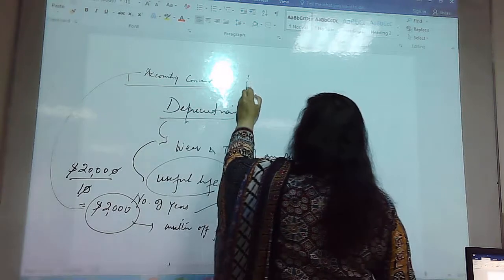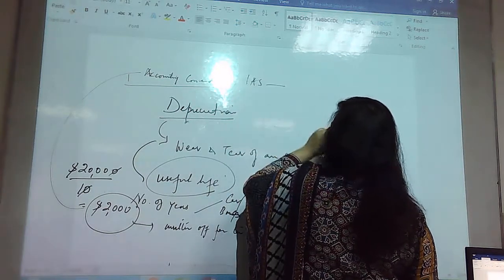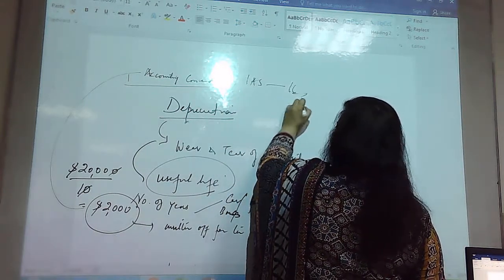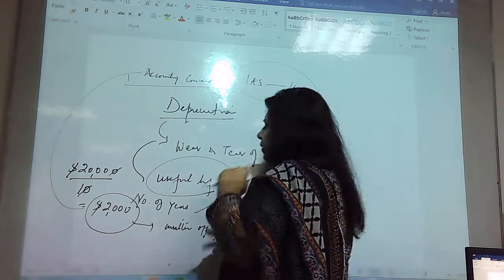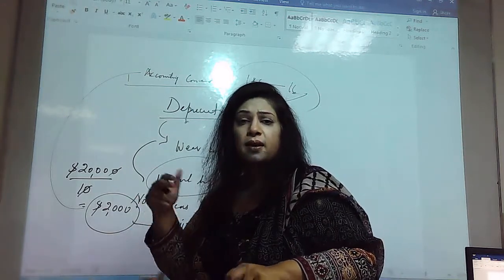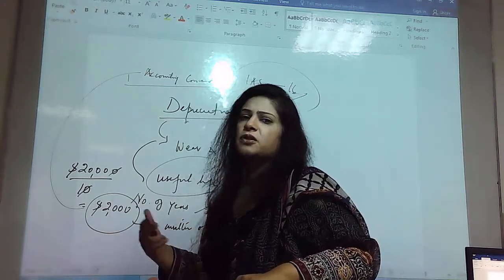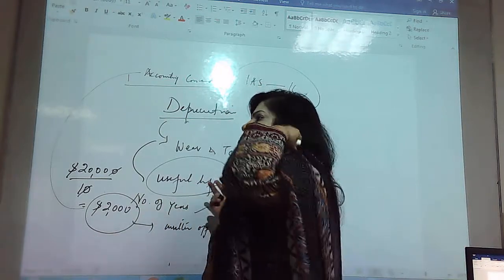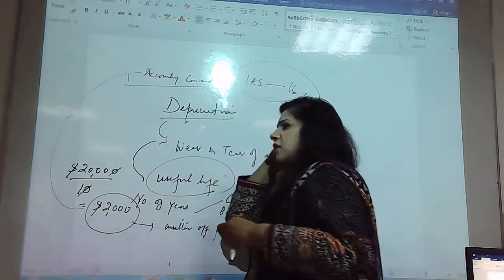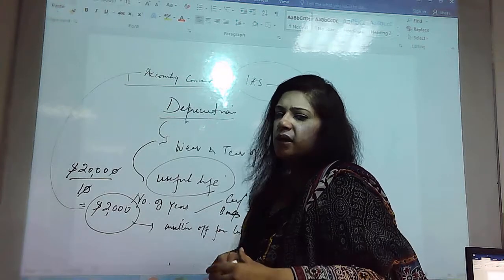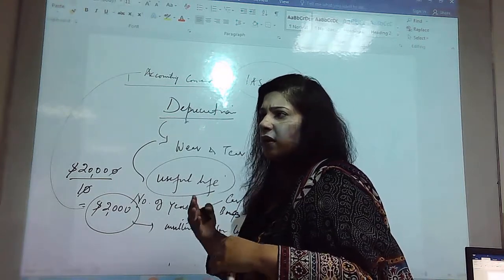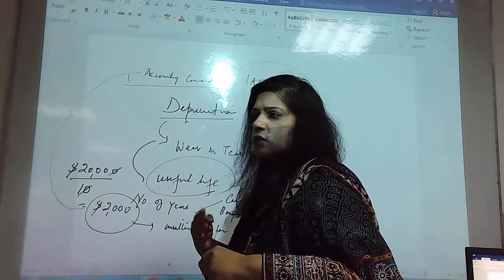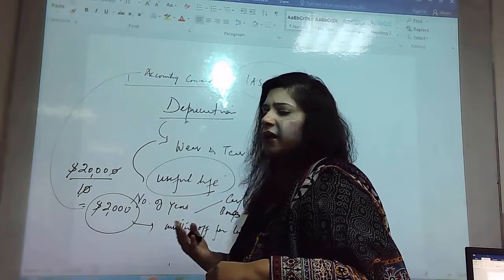One is IAS, and this deals with depreciation. And you have to go through these regulations. Now there are IFRS, which is International Financial Reporting Standards. They are merged with IASs after there was a requirement that arose because of some complicated transactions.